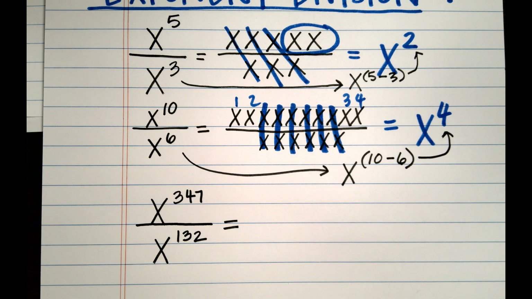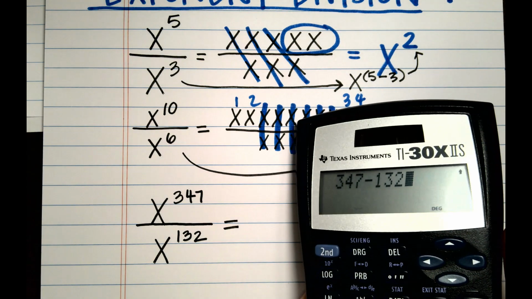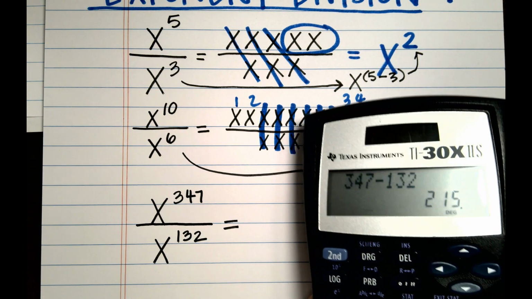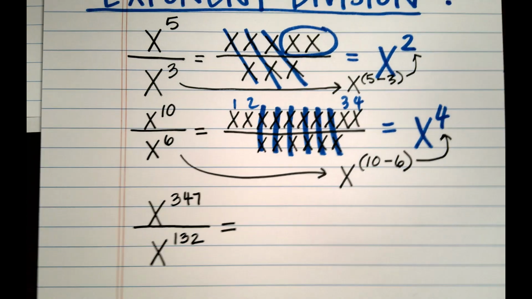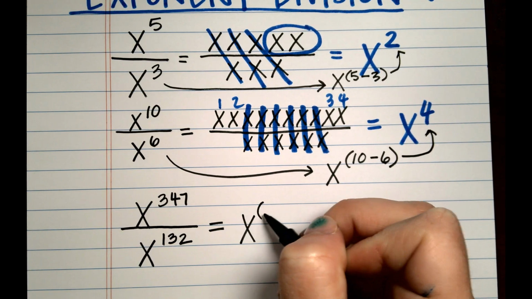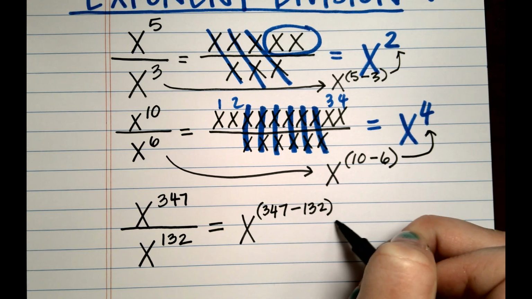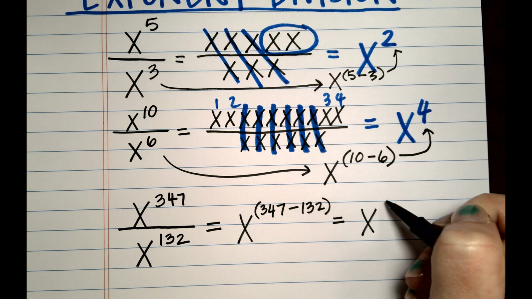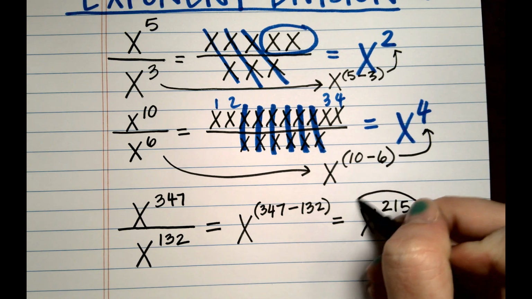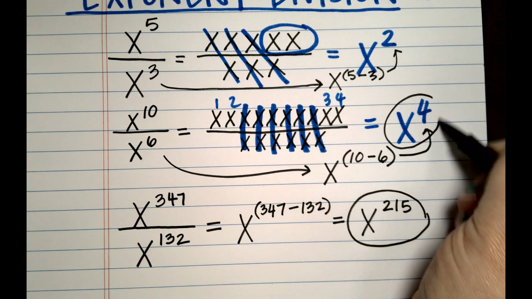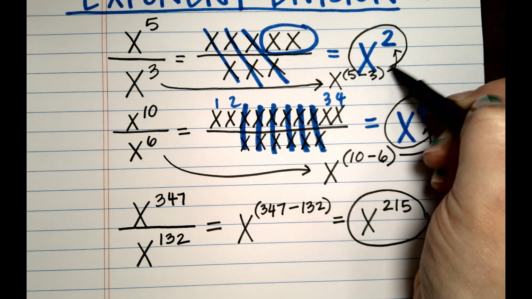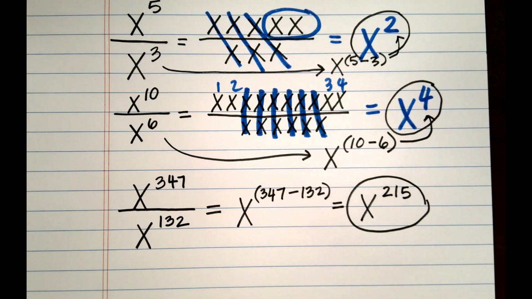I'm sure you're correct. Sweet. 347 minus 132 is 215. Very nice. That's all we did: x to the 347 minus 132, and we got x to the 215th power. Not so bad, is it? Y'all got this.